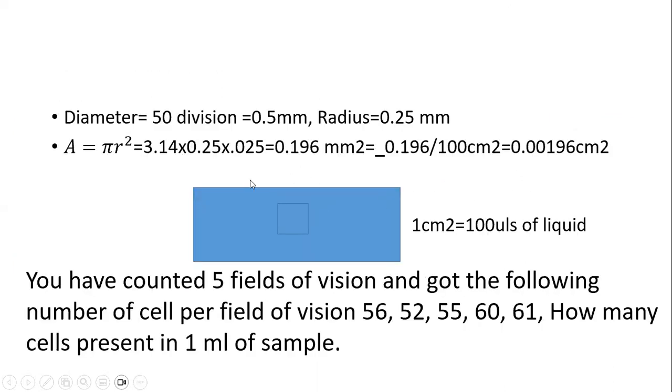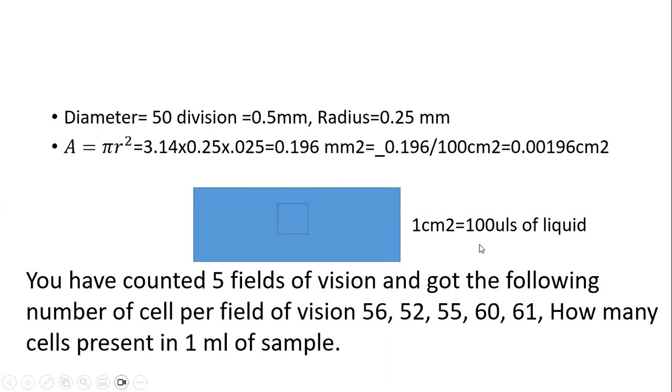Next step is to use an ordinary slide and mark an area of 1 centimeter by 1 centimeter on the slide using a glass marker pencil. When you write on the slide with the glass marker pencil, it gives thick edges, and as a result the sample will not flow out of the box that you are drawing.